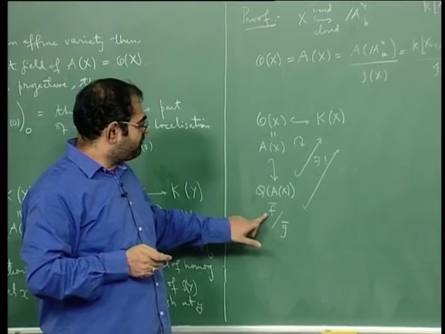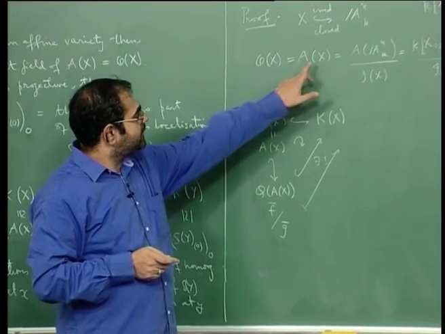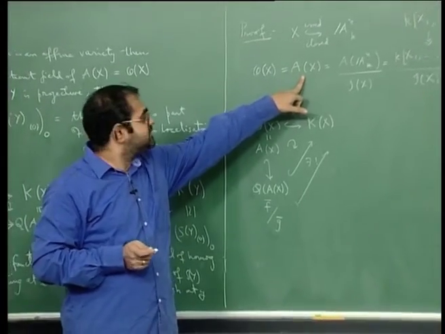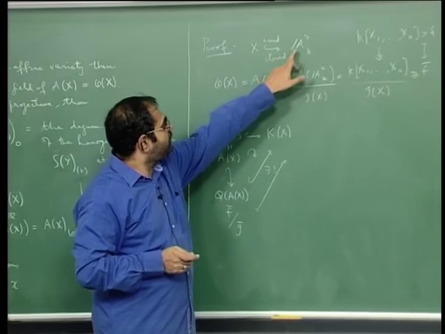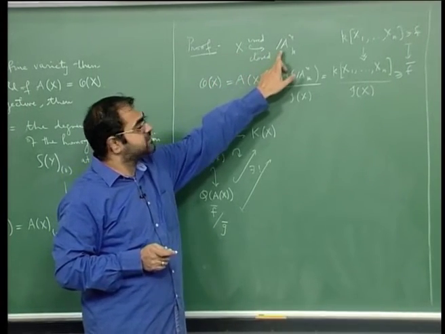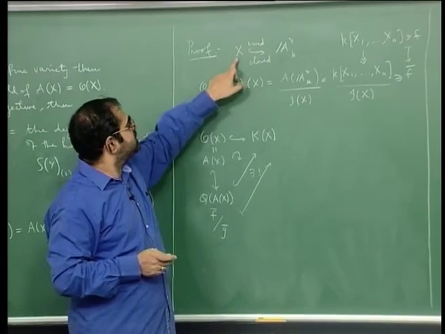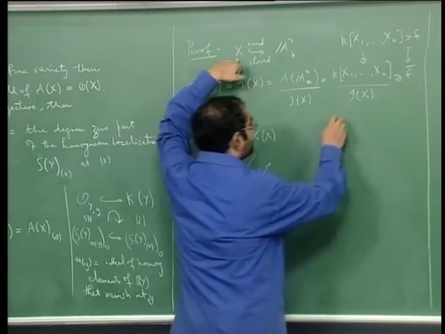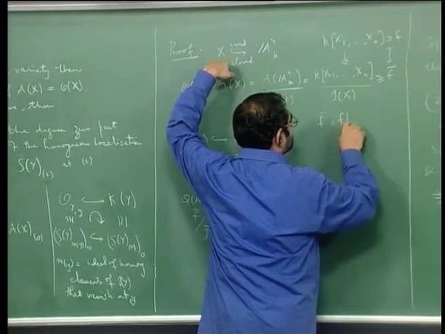After all, what is f bar in Ax? It is simply the restriction of the polynomial f, which defines a function on this affine space, to the subset x. So geometrically f bar is f restricted to x.